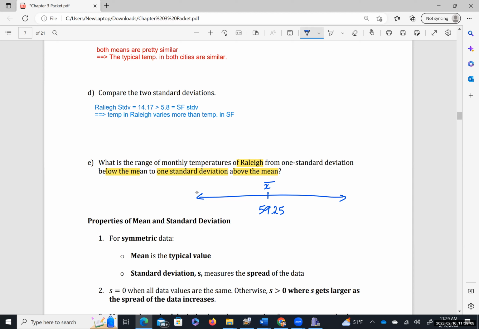And then subtract 1 standard deviation from the mean. So I subtract 14.17. 59.25 minus 14.17, what do you get? 45.08. And then if you add 14.17, what do you get?